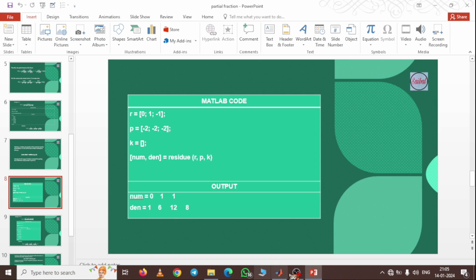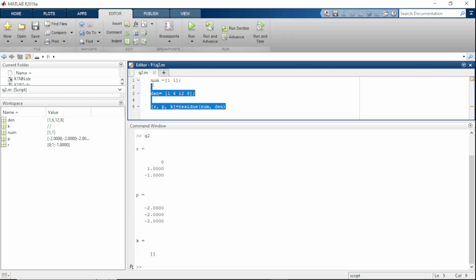Okay, so here r will be 0, 1, -1, p will be -2 semicolon -2, as this is the column vector, then k equal to nothing, you can write also.